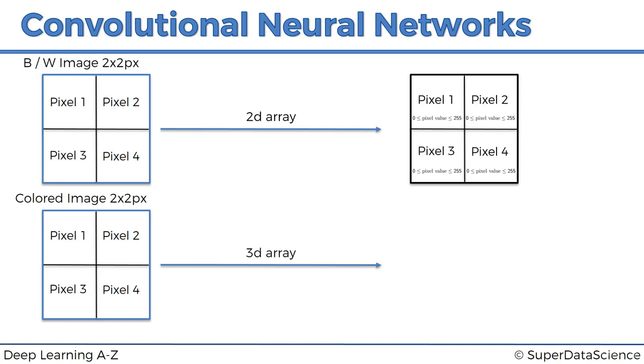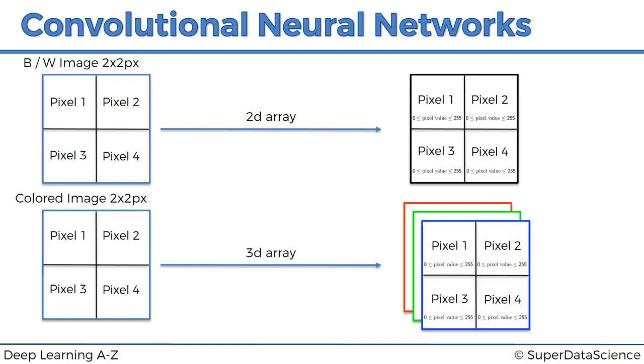And a colored image is actually a three-dimensional array. You've got a blue layer, a green layer, and a red layer, and that stands for RGB, red, green, blue. And each one of those colors has its own intensity. So basically, a pixel has three values assigned to it.